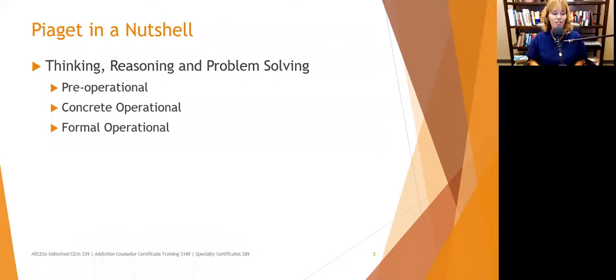Concrete operational, which is a lot of elementary school, children still need to see things, which is why they use manipulatives so heavily when they teach math and science in elementary school. It's not because it's just more fun to do it that way. It's because cognitively, children can't wrap their heads around this idea of theoretically one train leaves the station at 3 p.m. and this other train leaves the station at 4:05 p.m. and they're both headed towards you.